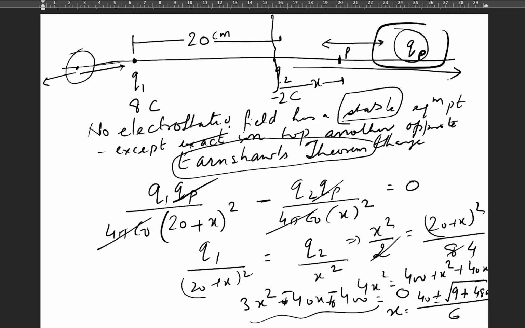So in this way, we can find the value of x, and we can find whether this x is positive. If this x is positive, the point will be here, and if x is negative, it means the point will be somewhere here. So in this way, we can solve various problems by using Coulomb's law.